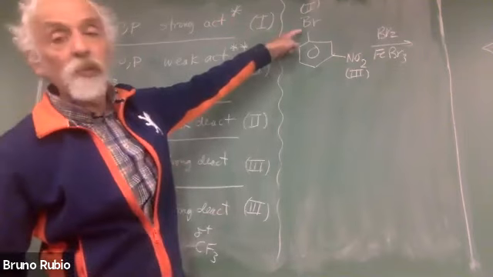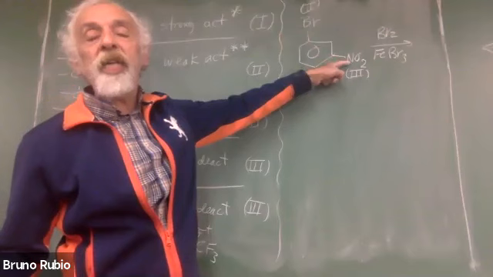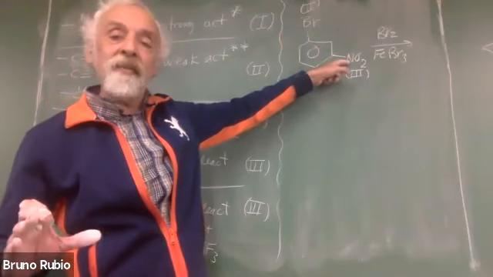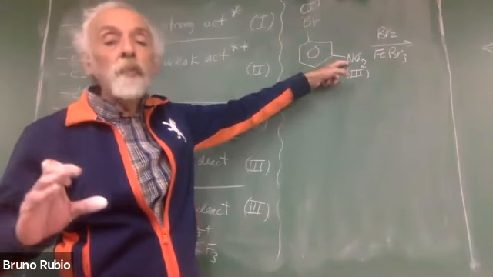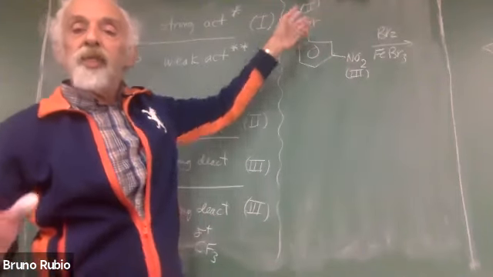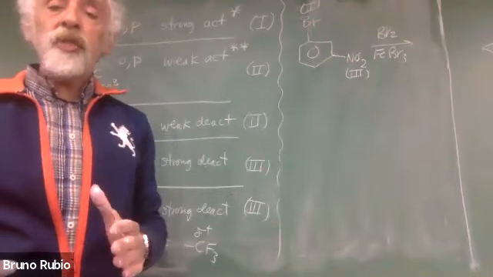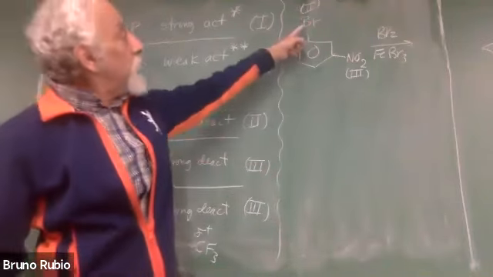So here I have a weak deactivator versus a strong deactivator. Who is more activating? The Br is. So the Br has everything to say about where the new substituent will go.